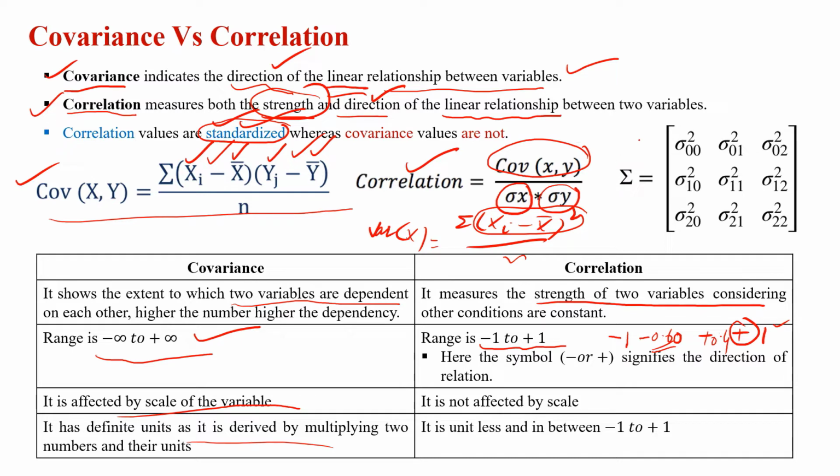If we move towards more than two variables, then we can develop a variance covariance matrix. So this is basically a variance covariance matrix.